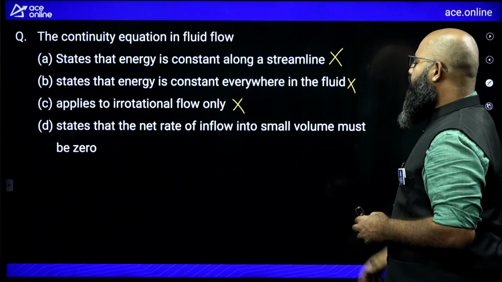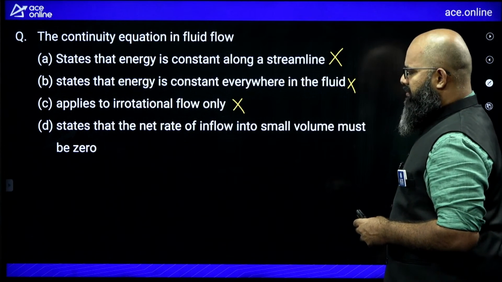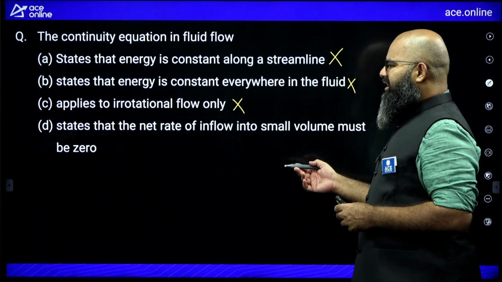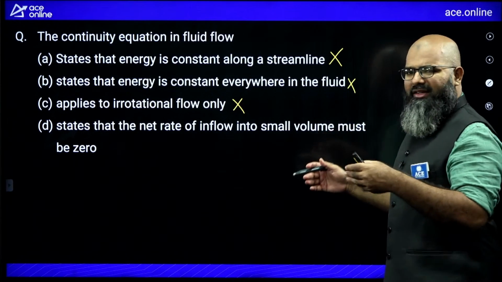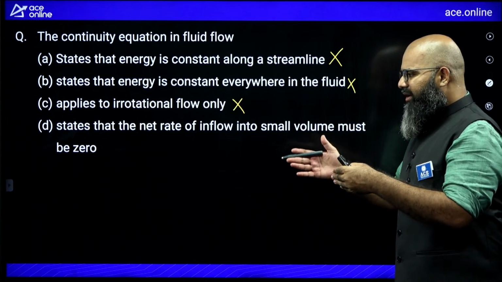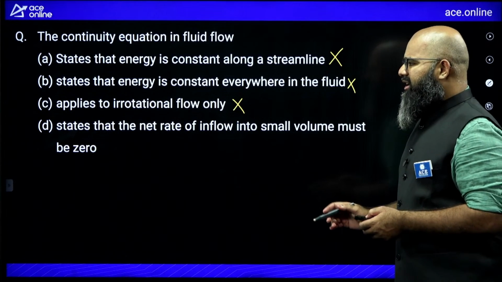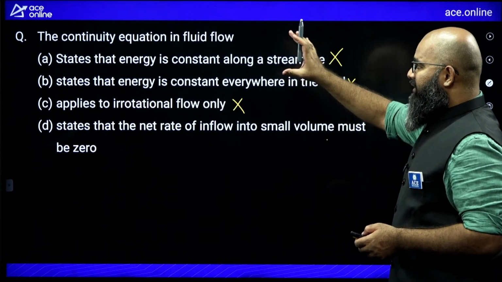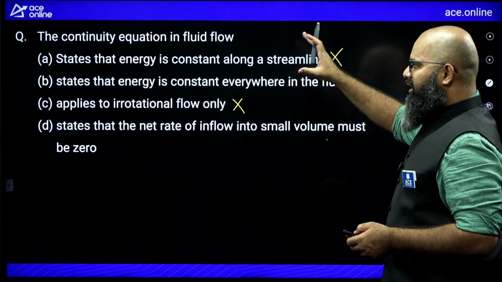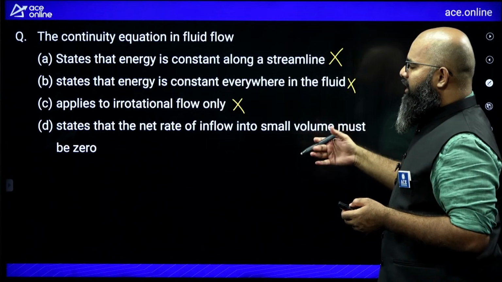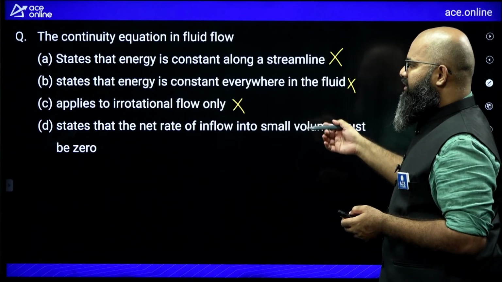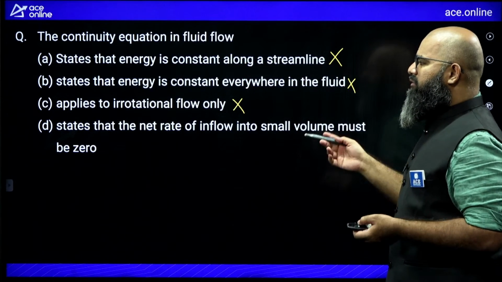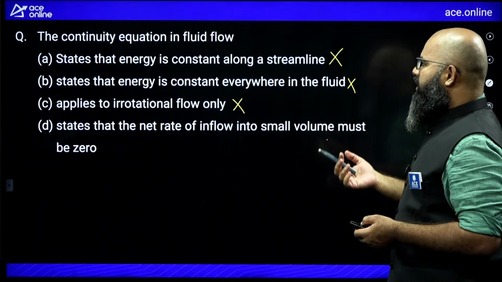Strictly speaking, whatever inflow is there, that same efflux must be there. That would be a correct statement. So this also is not perfectly correct. Since this question is saying continuity equation, he must mention it is the law of conservation of mass actually. Instead of saying law of conservation of energy in both those cases, if you mention mass, it would be correct somewhere. Anyway, let's move further.